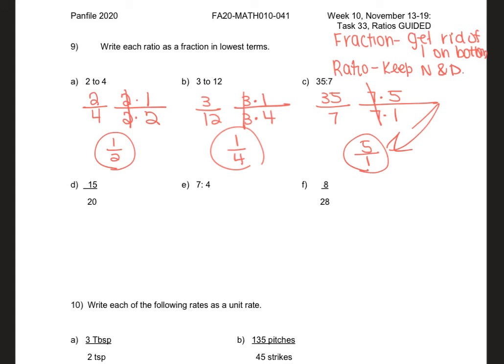The reason you do that is because a ratio is a comparison of two numbers. If it's a comparison of two numbers, you have to have two numbers. So you have to have the numerator and you have to have the denominator.